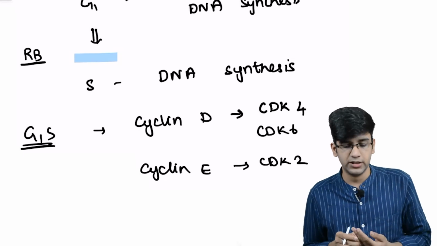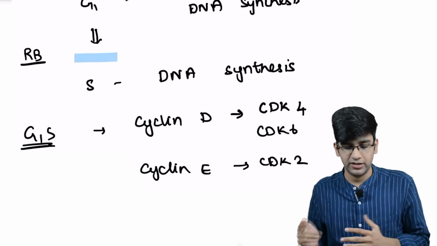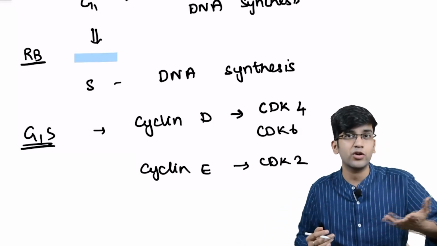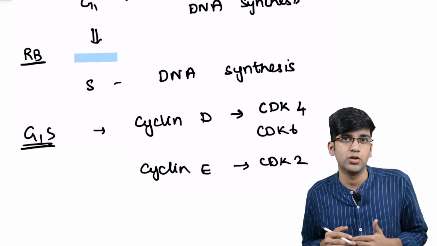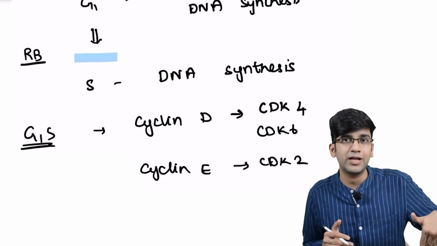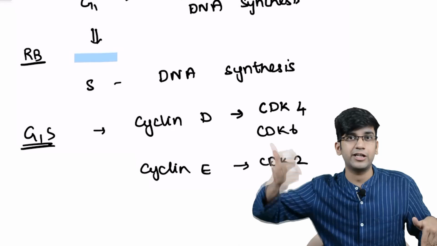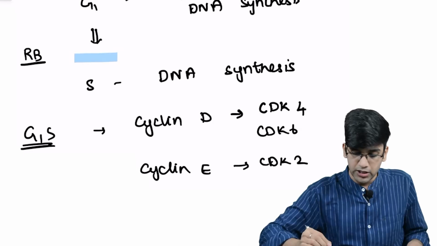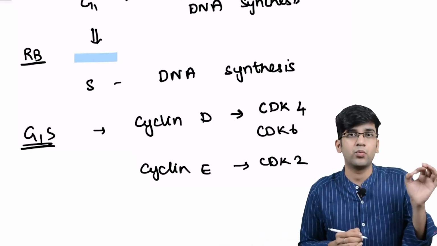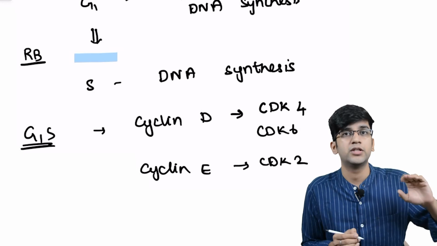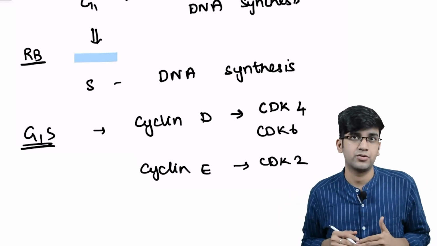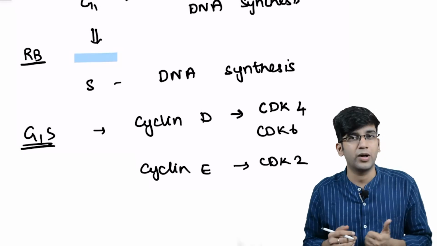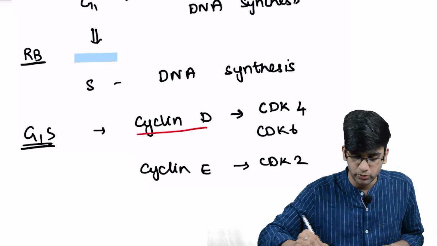When these are present, my cell says, okay, this is a kinase. The role of any kinase is to phosphorylate a protein, right? That's what kinases do. So this is going to phosphorylate my retinoblastoma, and it's going to tell it that's a ticket for me, I'm going to go from G1 to S phase, right? So if a question is asked, which of the cyclins is involved in G1 to S transition? I have three of them. For an MCQ, you have to choose one, right? You're going to go with this combination.